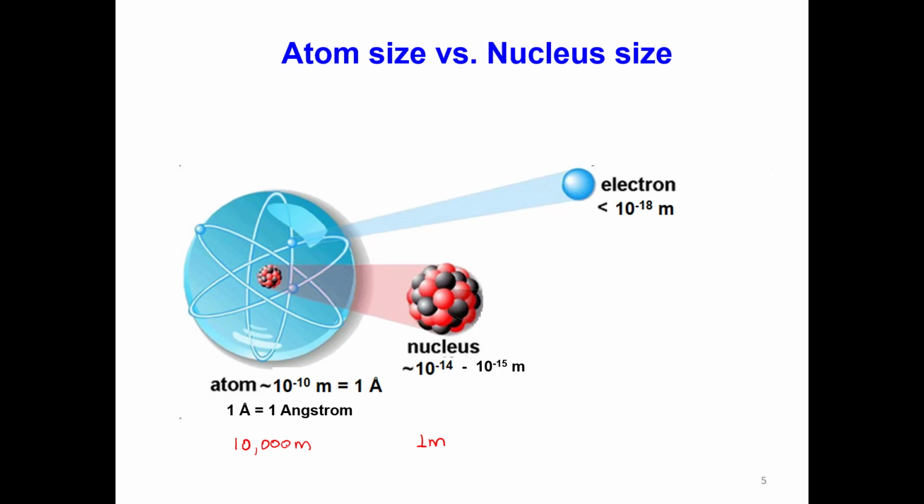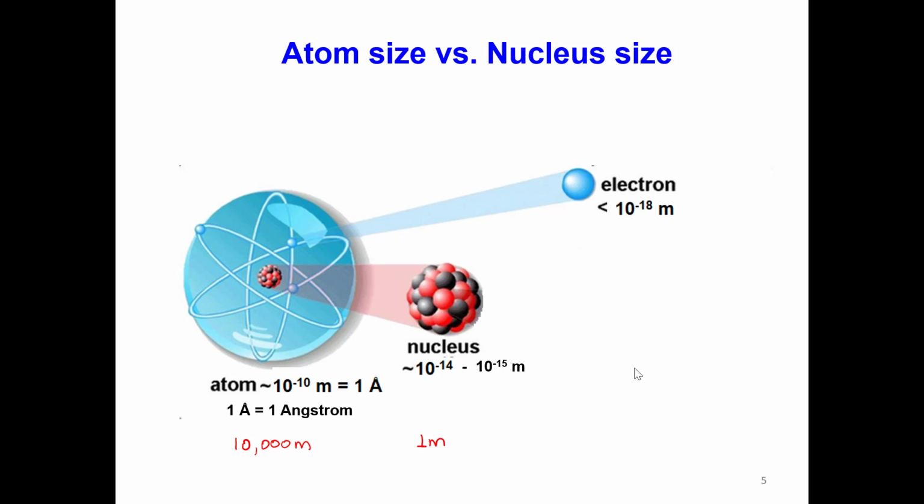Then the difference between 1 meter and 10,000 meters is 4 orders of magnitude. The size of the electron is 10 to the power minus 18 meters. It is about 100 million times smaller than the size of the atom. And this is really a small particle.